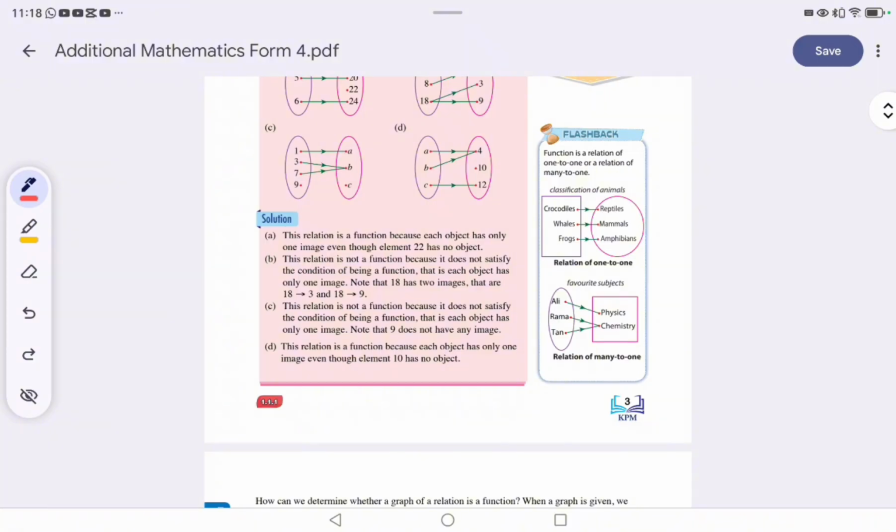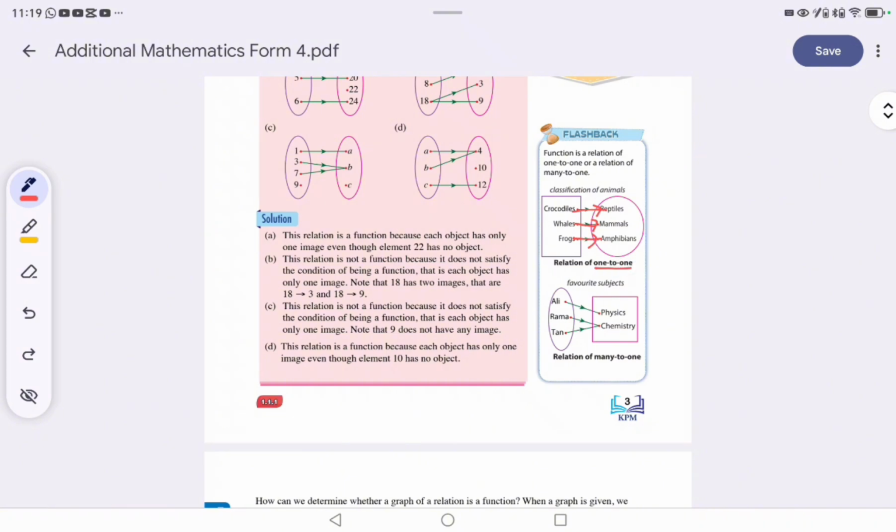See this one, the crocodile is a reptile, isn't it? Whales are mammals, frogs are amphibians. So here you can see classification of animals. Classification of animals is a relation of 1 to 1.